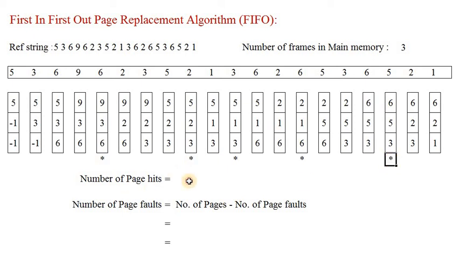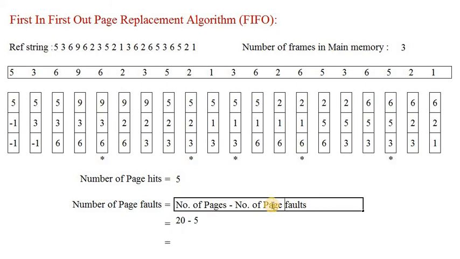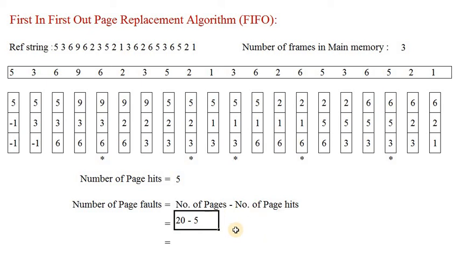So how many page hits are there? 5. And how many pages are there in total? I have given 20 pages. The number of page faults equals the total number of pages minus the number of page hits.